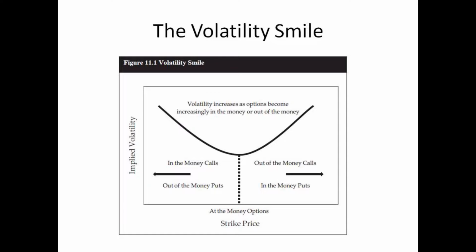When we move to out of the money puts or in the money calls, or to out of the money calls or in the money puts, you can see that the implied volatility is higher in those strikes of options. So volatility increases as options become increasingly in the money or out of the money. And that is what the volatility smile is.